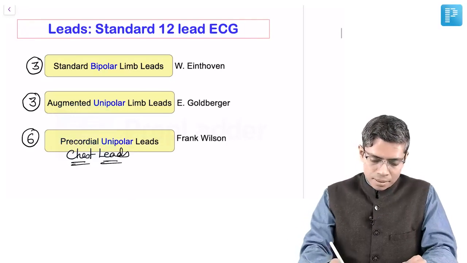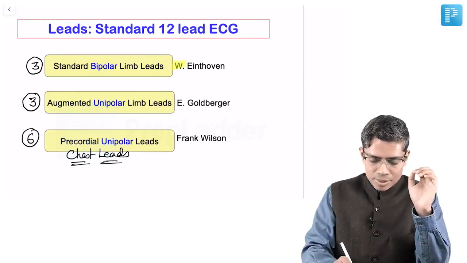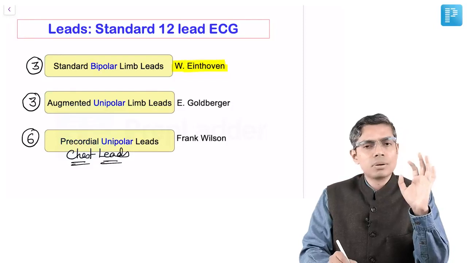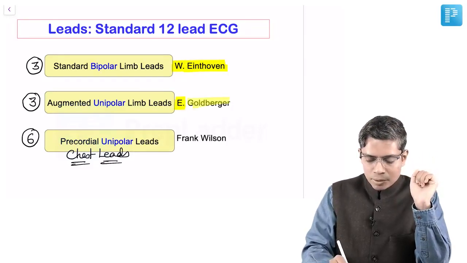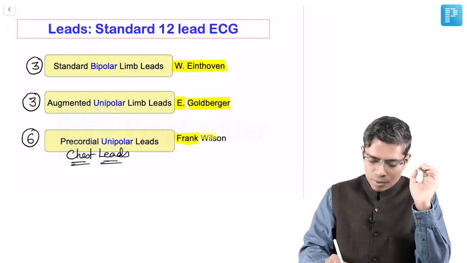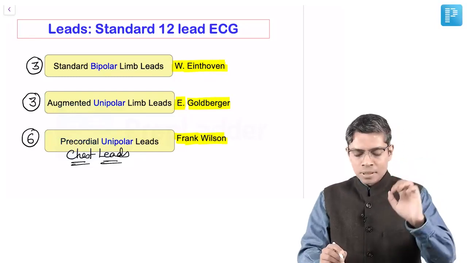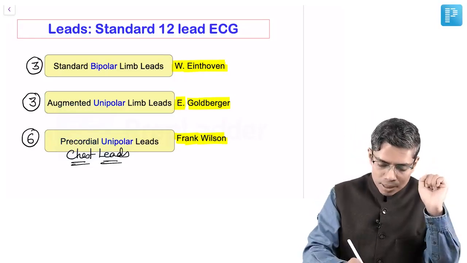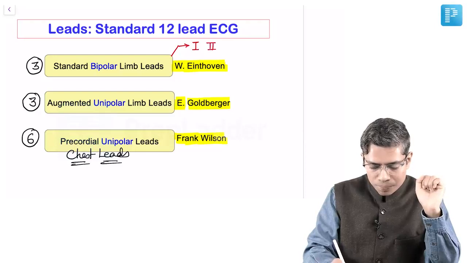Now look at the bipolar standard limb leads. They were discovered for the first time by William Einthoven, we all know, right? Augmented limb leads were discovered by Emanuel Goldberger, and precordial or chest leads were discovered by Frank Wilson, right? So standard bipolar limb leads, we all know, are known as lead 1, lead 2 and lead 3.